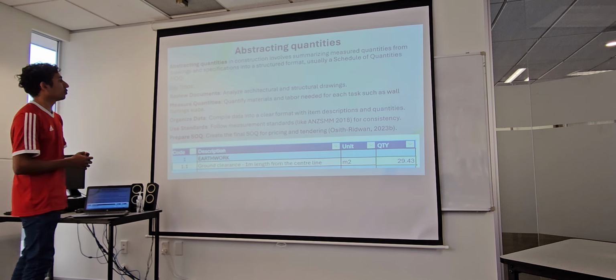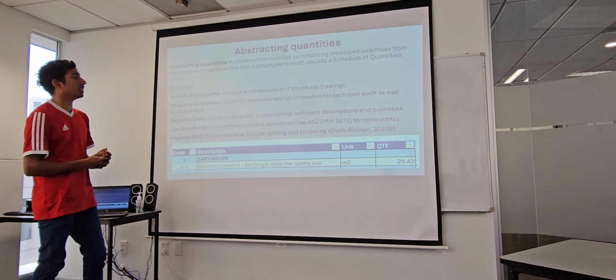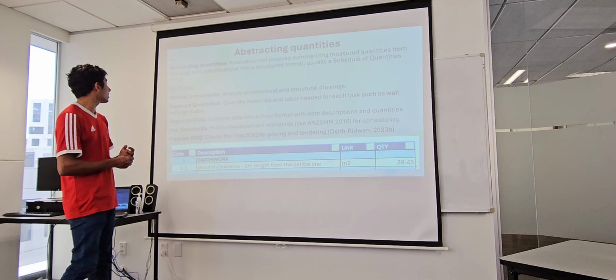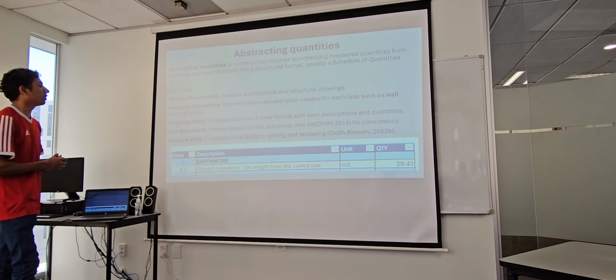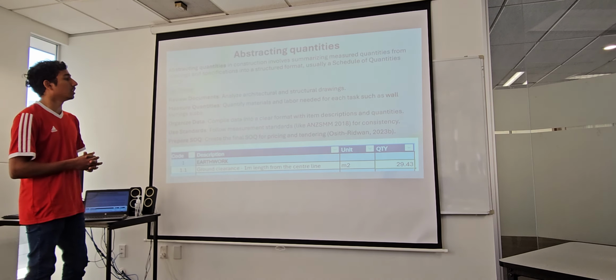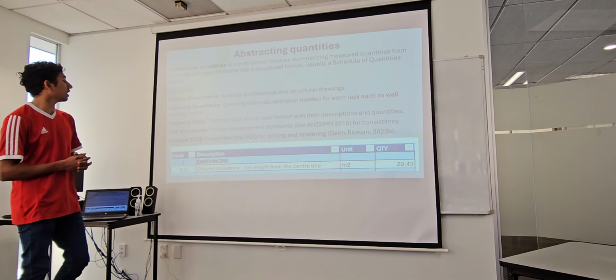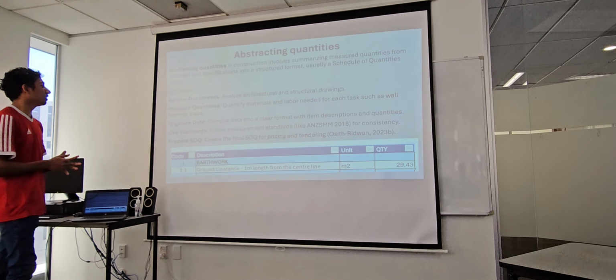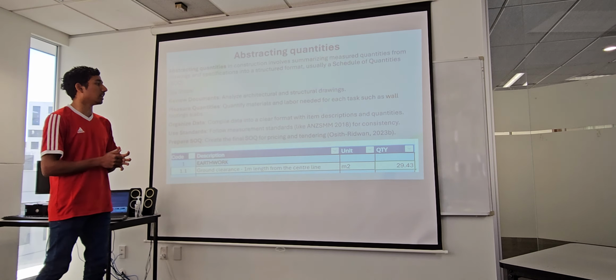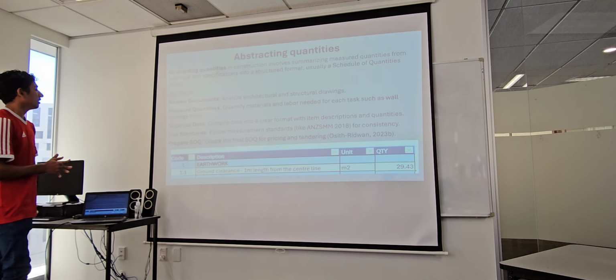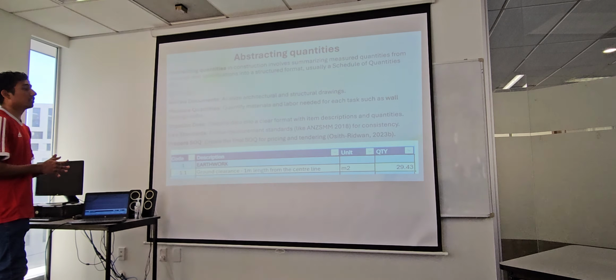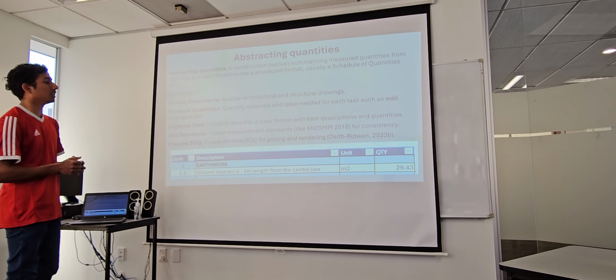Measure quantities, where we quantify materials and labor needed for each task, such as wall footing slabs. And organizing data, where we compile data into a clear format with item descriptions and quantities. And use standards, where we follow measurement standards like ANZ SMM 2018 for consistency. And preparing SOQ, where we create the final SOQ for pricing and tendering.